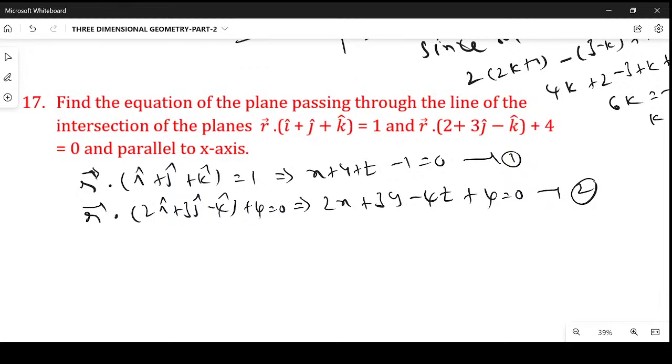Both are given here, passing through the line of intersection of the planes. That means we can write the intersection of the planes here.